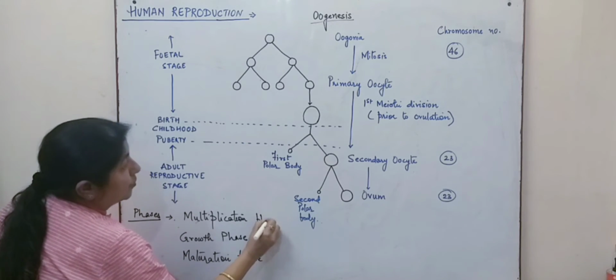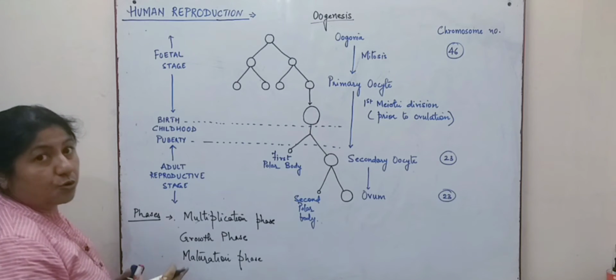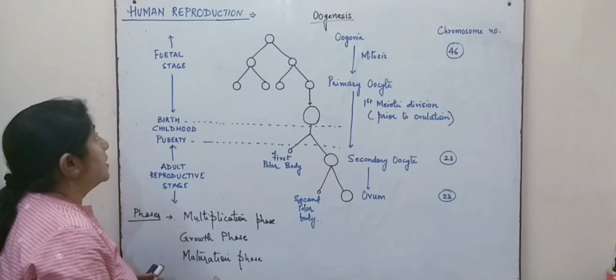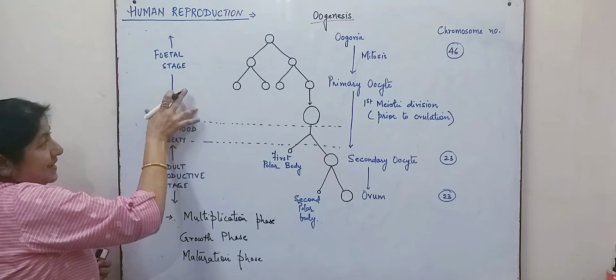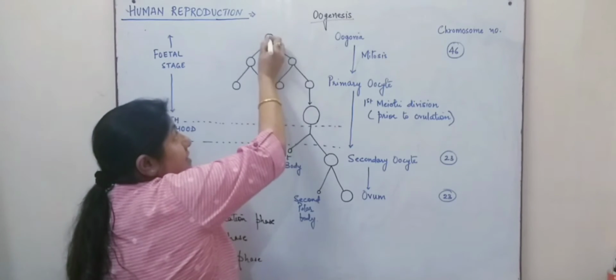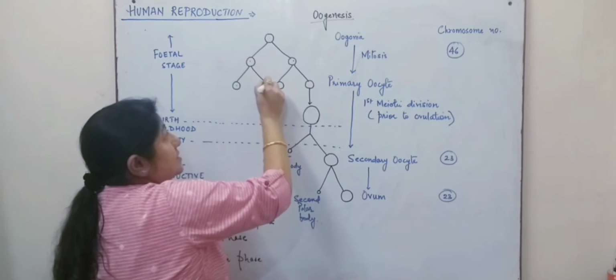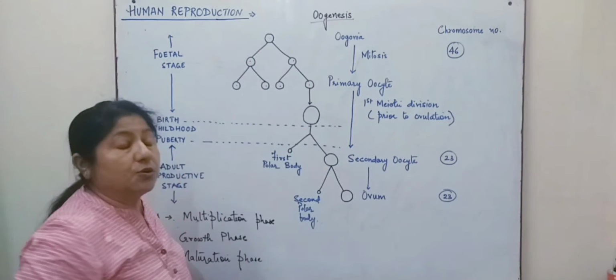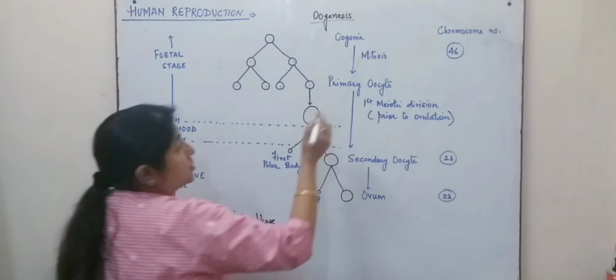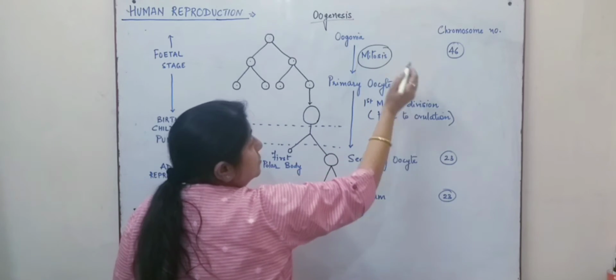Now, over here is a picture which shows how the development of the ova takes place. During the fetal stage, the oogonia, that is the cell, divides. The primary follicle undergoes the process of multiplication. This multiplication is exclusively mitosis.